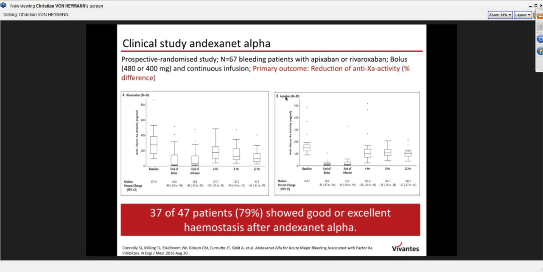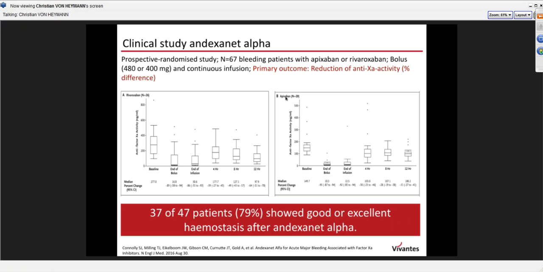Well, PCC in the case of dabigatran-treated patients has been investigated in animal as well as in vitro models, and what we know is that PCC seems to be effective in terms of normalizing or almost normalizing coagulation parameters in the dabigatran-treated patients, but it also seemed to reduce the bleeding volume in the animal models.